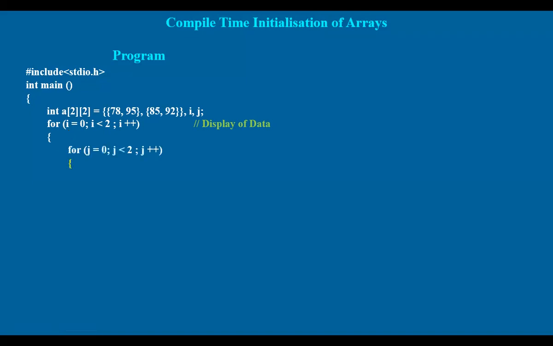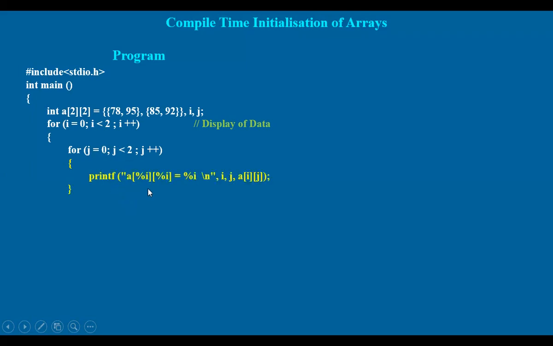Inside this, we have another for loop to display the column elements in a specific row. Suppose i value is 0 here. That means in the first row, we are going to give the values of j here, 0 and 1. That is j less than 2. j takes 0 and 1 value, and here the 2 column elements are assigned to this.